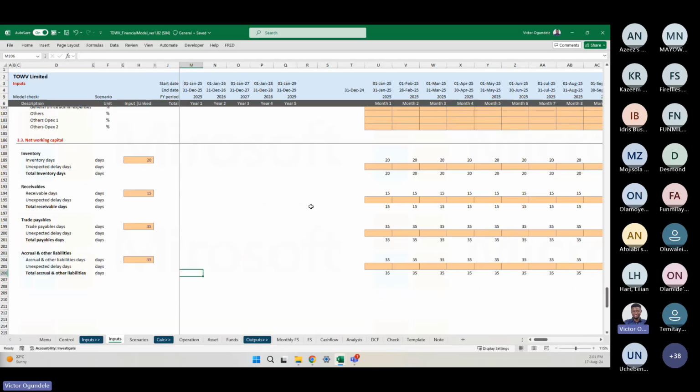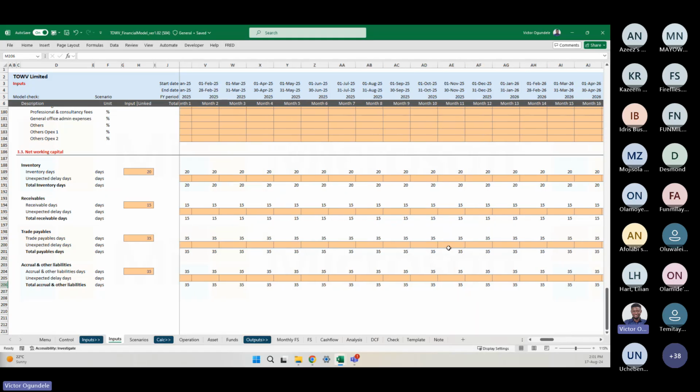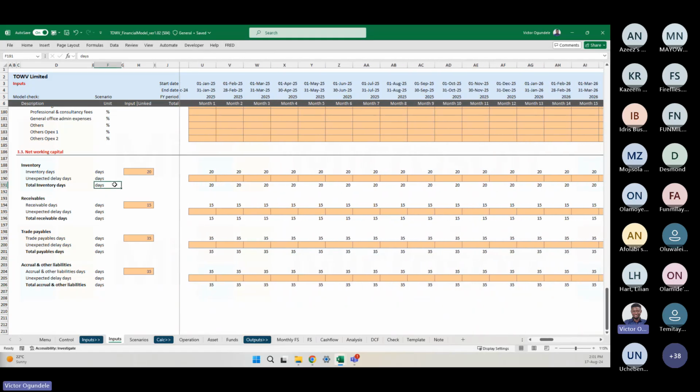So which means with this, they also have the option to adjust any of the days in any of the periods. If you want to add some additional line item, you can add that. But for our own trading, let's just limit it to inventory days, receivable days, trade payables, and accruals. Now, I know someone might be like, why are we not adding prepayment?